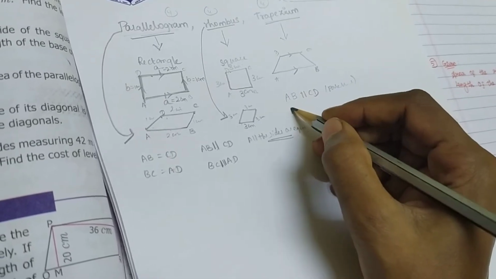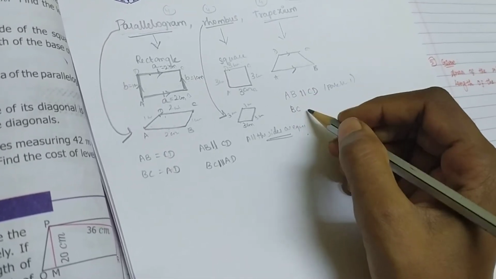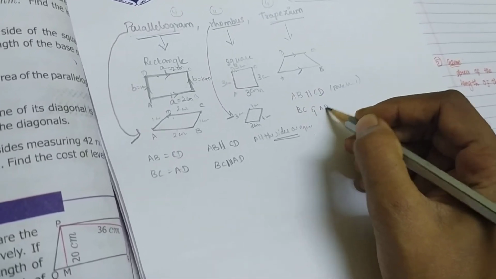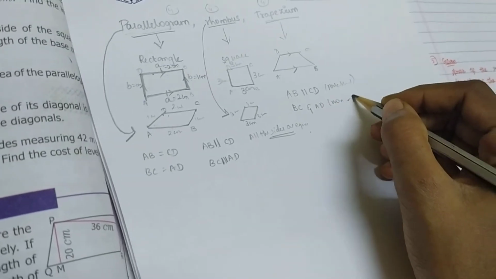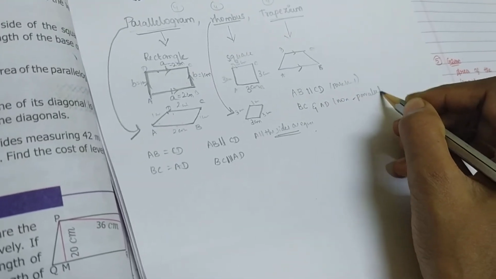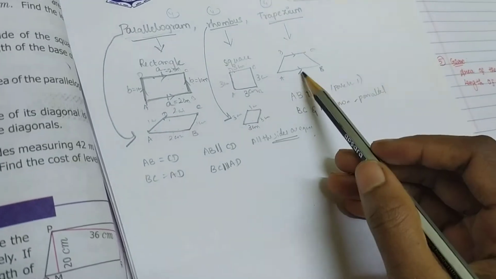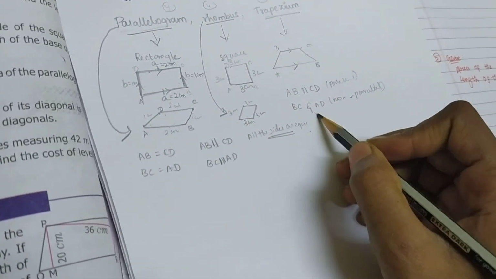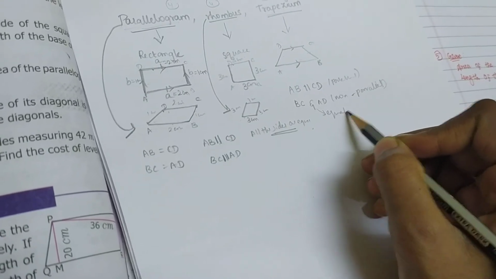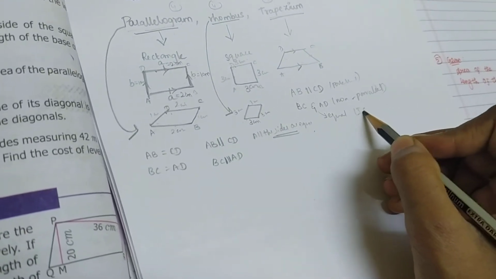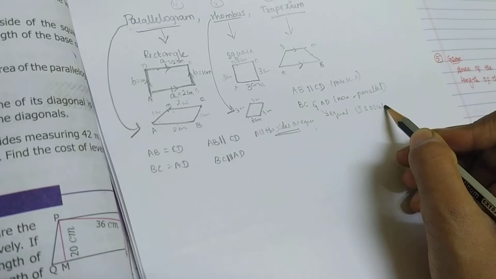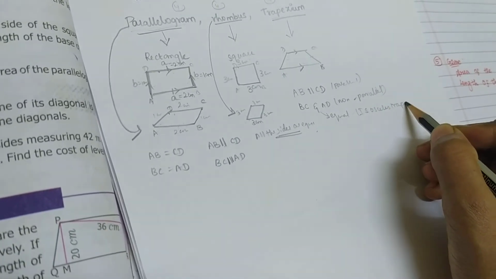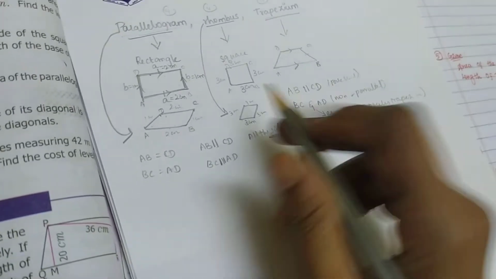BC and AD are non-parallel. If the non-parallel sides are equal, it is also called an isosceles trapezium. That's it.